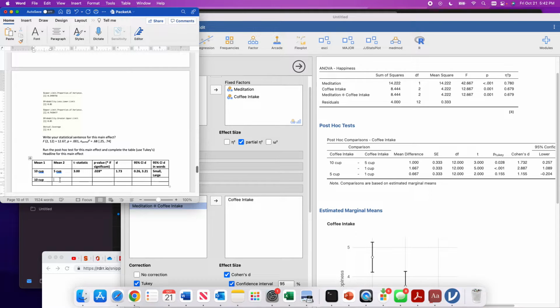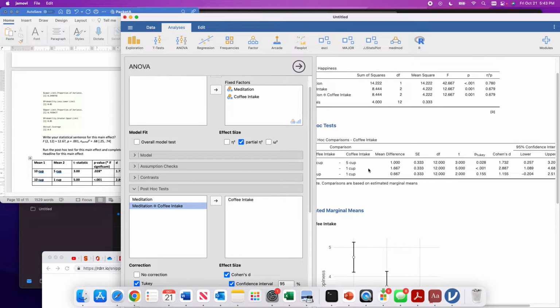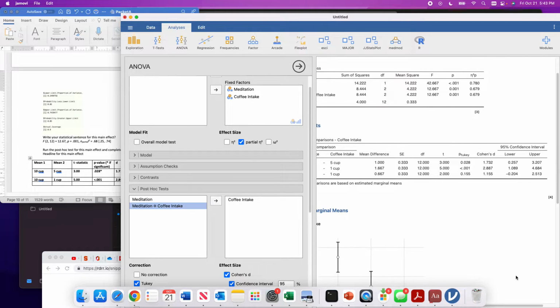10 cup versus 1 cup. That t statistic is 5.00. P-value is less than 0.001. Cohen's d is 2.89. 95% confidence interval of that Cohen's d, that's the second one. All I'm doing is looking at this line, getting that information over there.